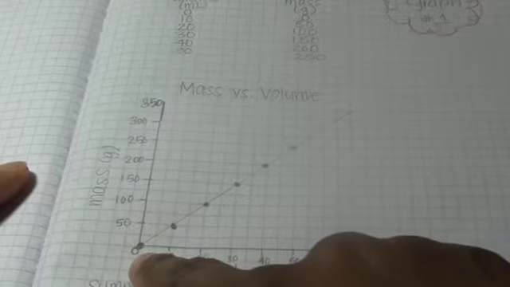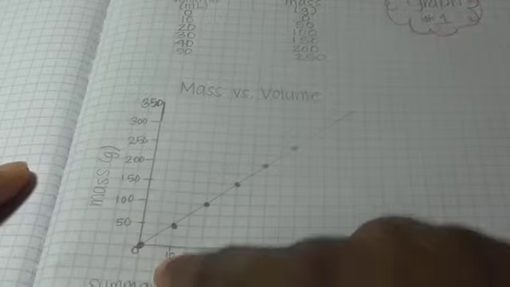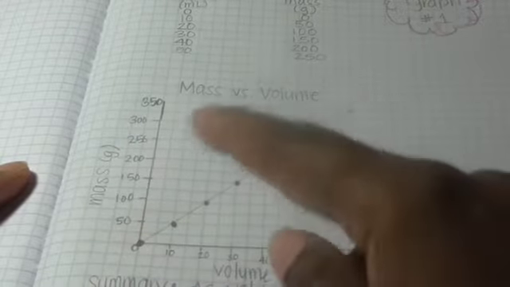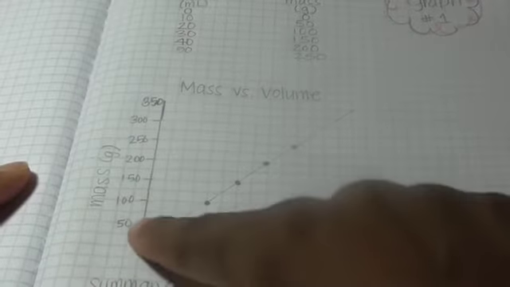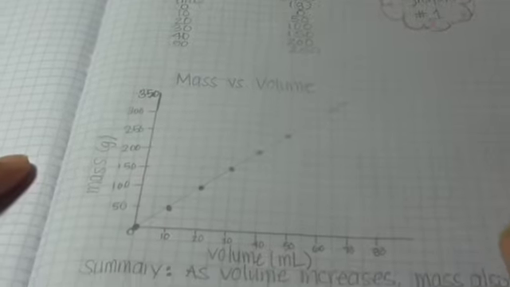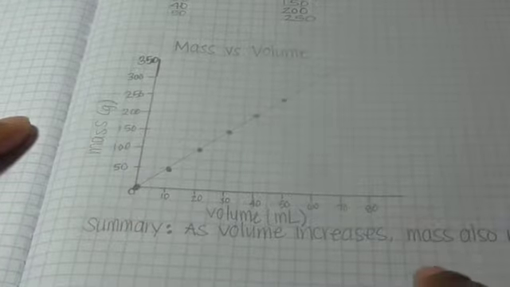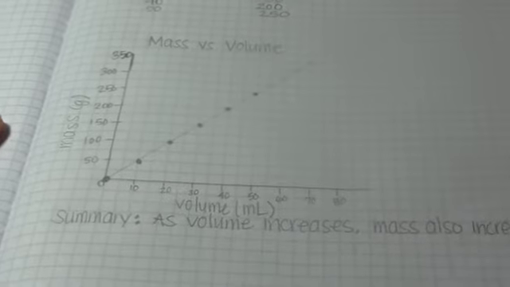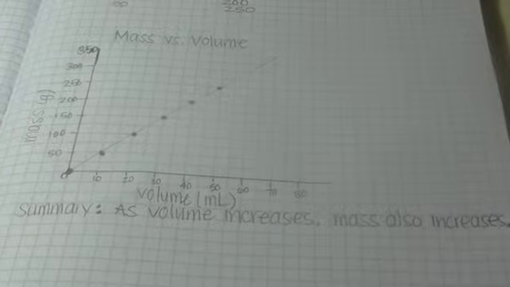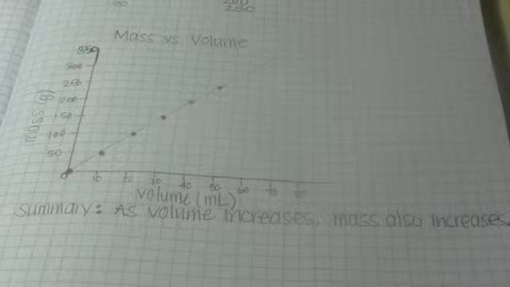That doesn't mean, in this case, 2 boxes is 10, and in this case, 2 boxes is 50, but the important thing is that it's the same on both sides. Scale: this is a pretty decent sized graph. And I have a summary. If I look at my graph, as volume increases, mass also increases. We're not looking for anything super long. We want it quick and concise, but so that you can see it.